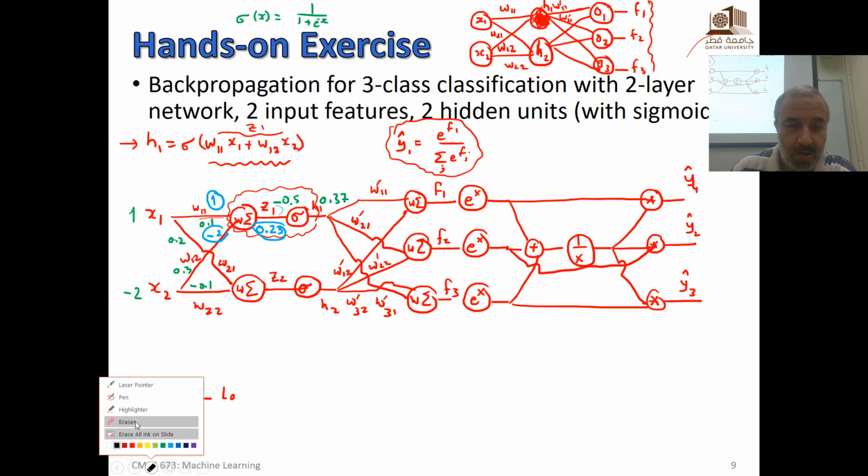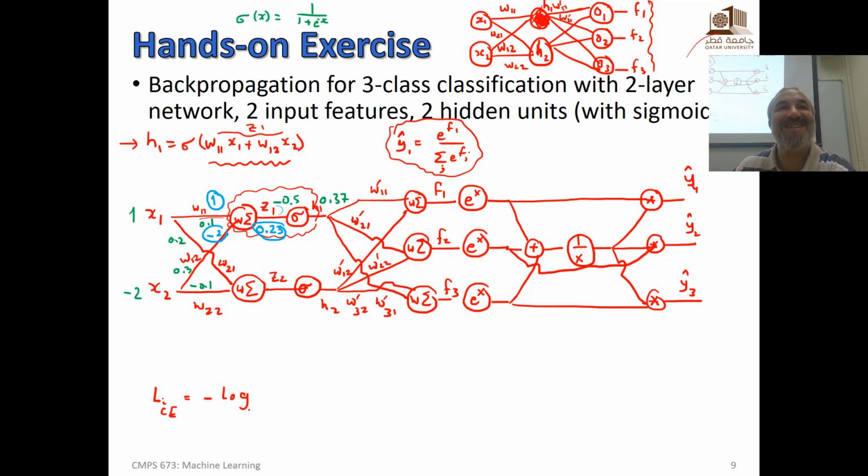Which y hat? We have 3. Which one of these? How can we know which one of these? The correct class. So the correct class is also an input to the loss gate.